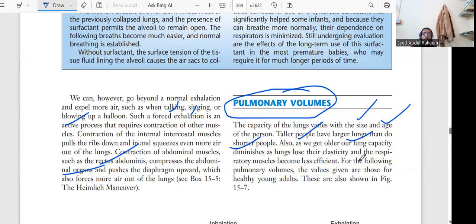In older people, the lung capacity decreases due to loss of elasticity, because the efficiency of the muscles, diaphragm, intercostal muscles and lung tissue all decrease. So that is the reason pulmonary volume also decreases in older people.